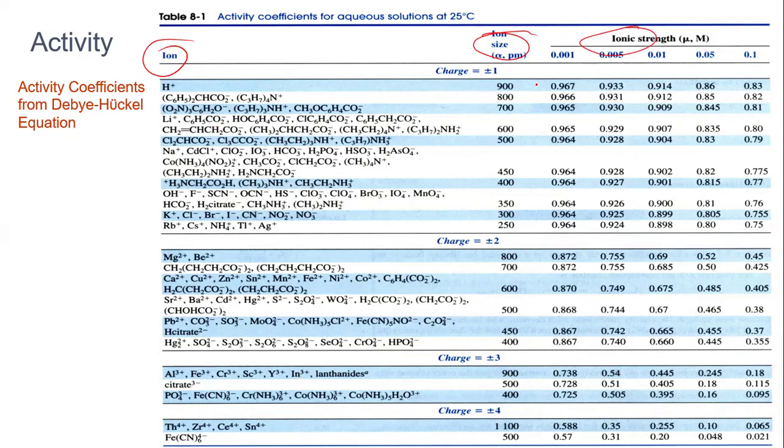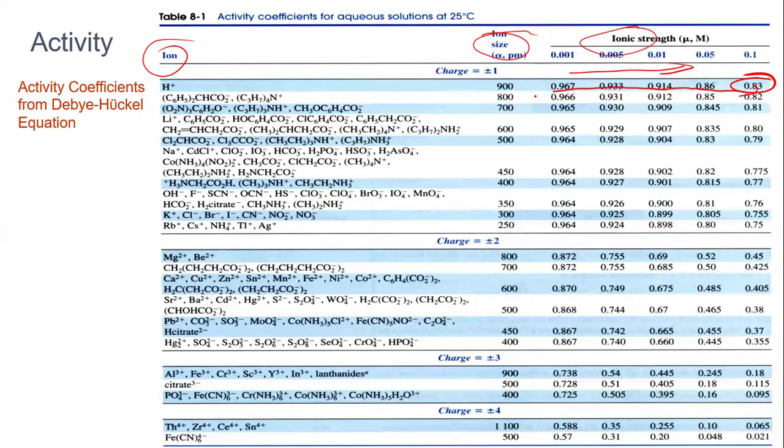If you take just the first one, you realize that the ionic strength is increasing. Now, when the ionic strength is increasing, you realize that the value here is decreasing. That is, once the ionic strength increases, the deviation from the ideal solution also increases. So this one shows progressive deviation, right? The deviation is strongest at this point because the ionic strength is higher.